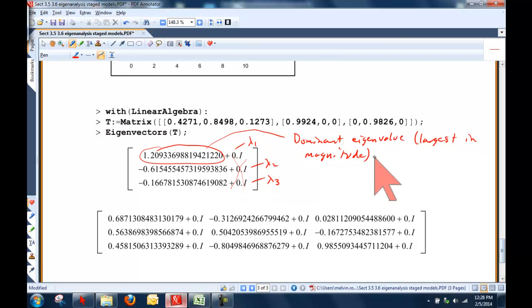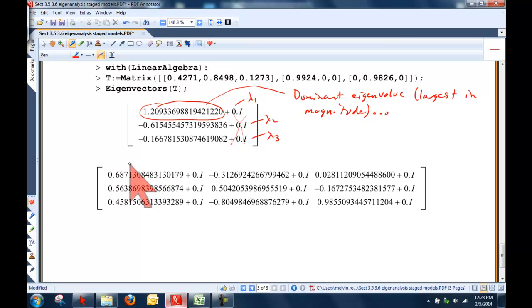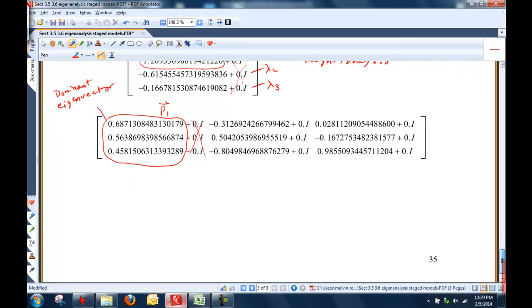Okay, if this is the dominant eigenvalue, then we can come here to the first column, because lambda 1, for my example, is the dominant eigenvalue, so P1 then is going to be the associated dominant eigenvector. I'm ignoring the complex parts.